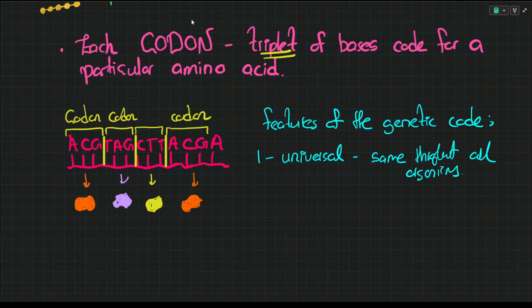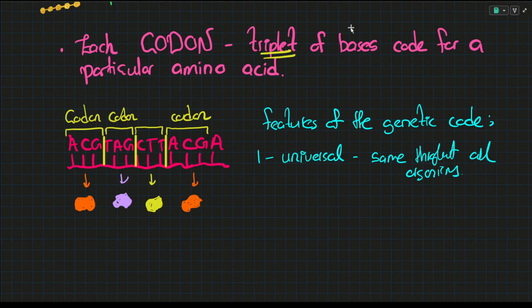Meaning every single organism is going to be coded for by ACG, TAG, CTT, ACG, A, T, C, G. Why? Because we evolved from one central organism.